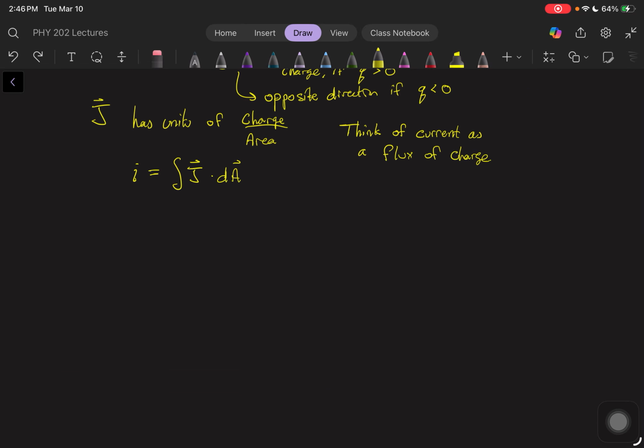Right, and so we had electric flux is equal to the integral E dot dA. And then let's see, what did we do?